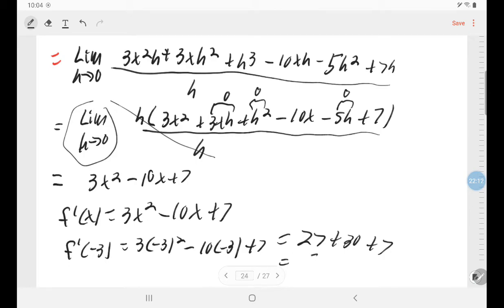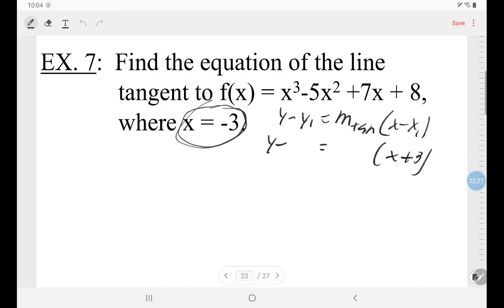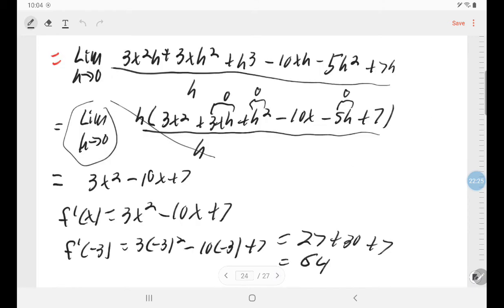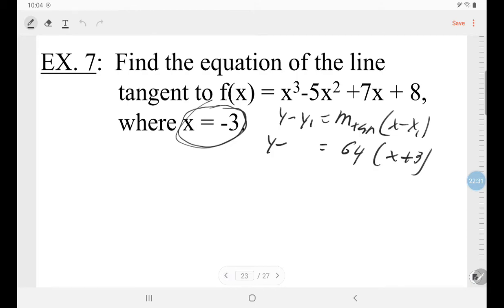That's 64, if I'm not mistaken. Pretty steep line is what that amounts to. Let me go back and take one last look at that just to make sure. Yeah, it's legit. Okay. And then we also need to find f of -3 to get our y coordinate.